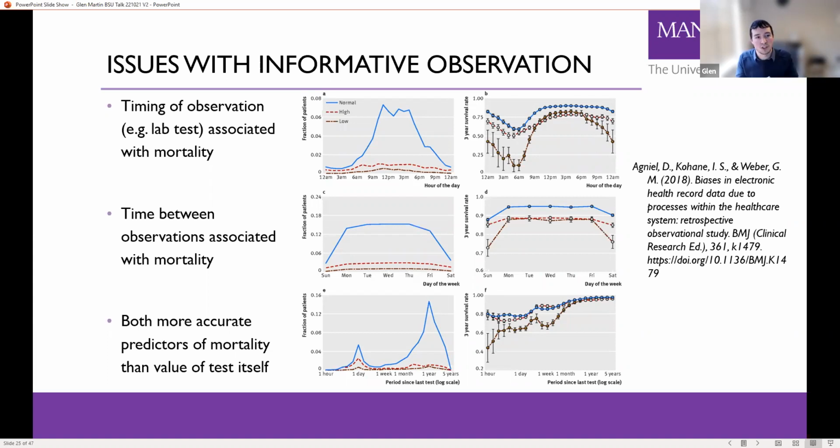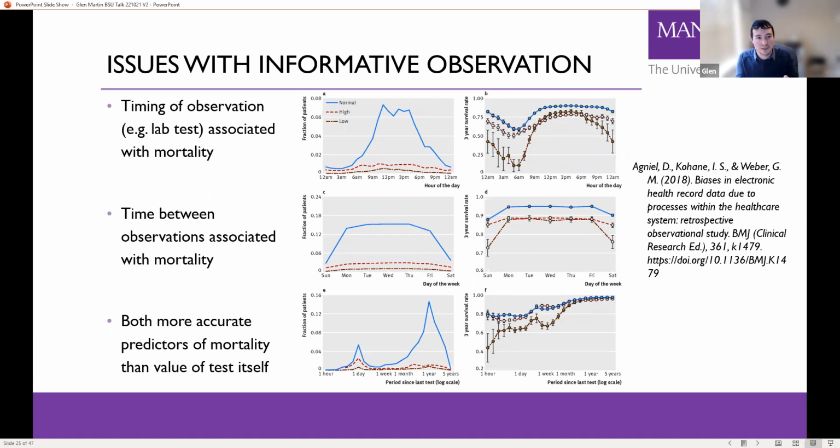And what they found was that the timing of the lab test was associated with mortality, and the interval between observations was also associated with mortality. But really interestingly, both of those attributes were more predictive of mortality than the actual value of the lab test itself. So this is perhaps surprising when you first hear about it, but actually it kind of makes sense, right?